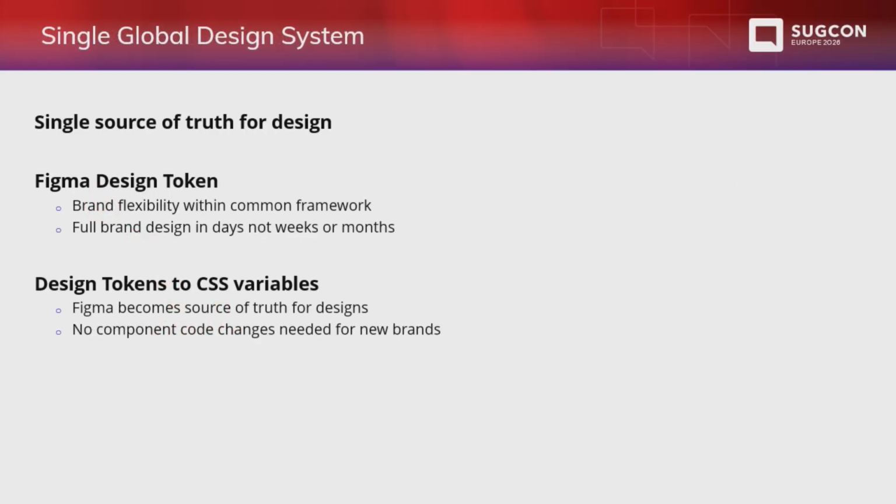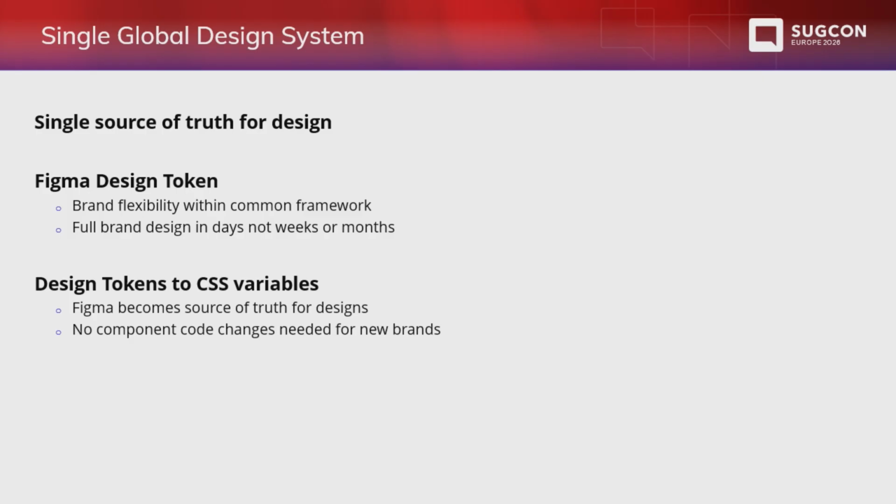One of the key things that makes this all possible is, at the design level, having a single design system in Figma, using Figma design tokens. We take those tokens directly from Figma and sync them via API, so those tokens translate one-to-one to CSS variables.